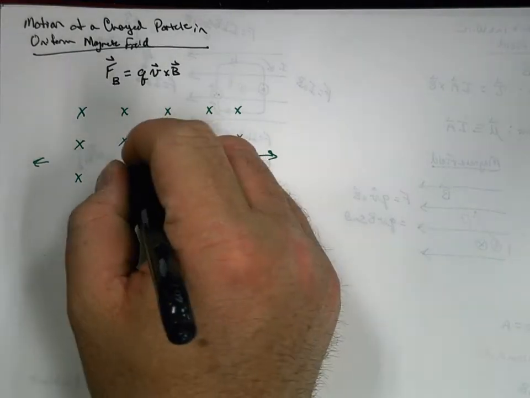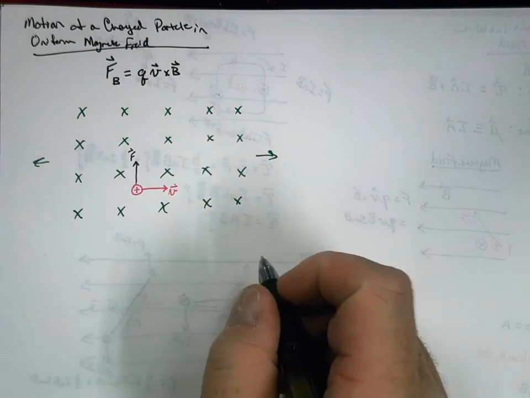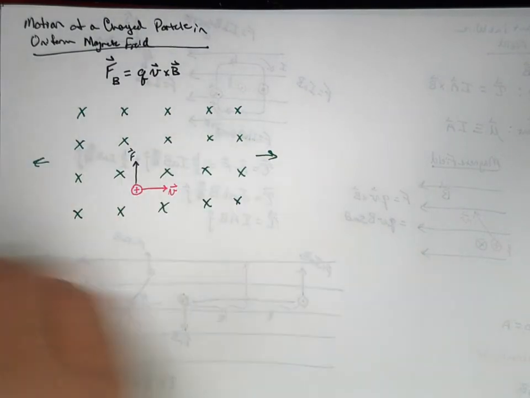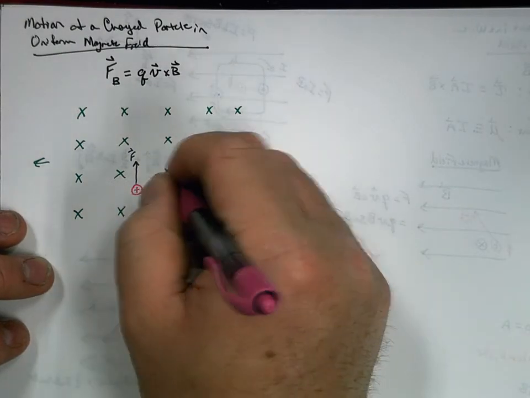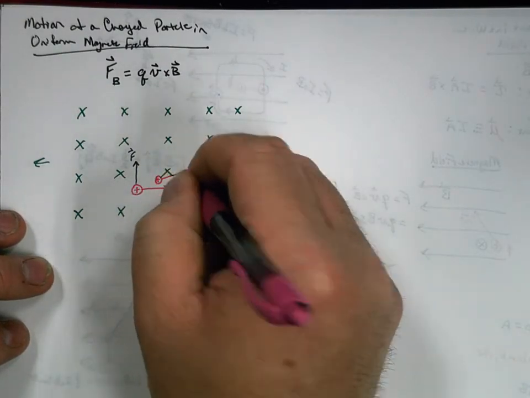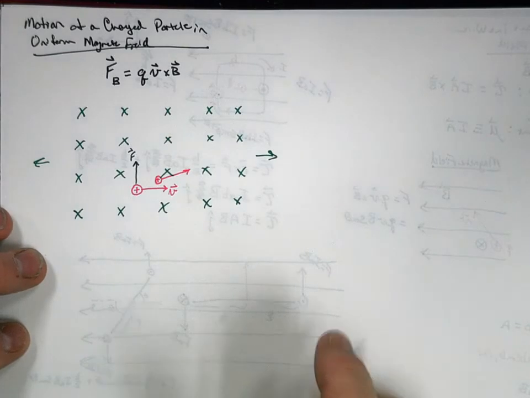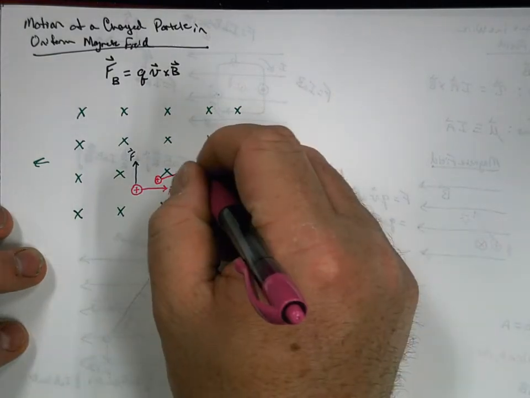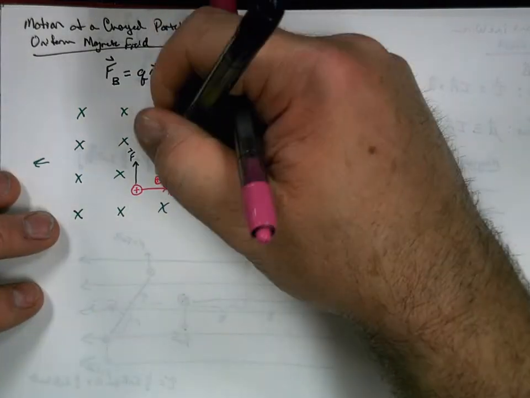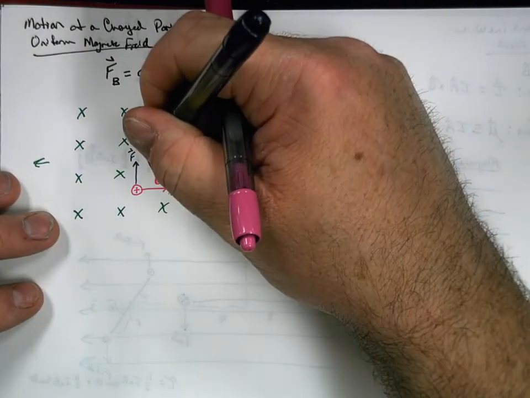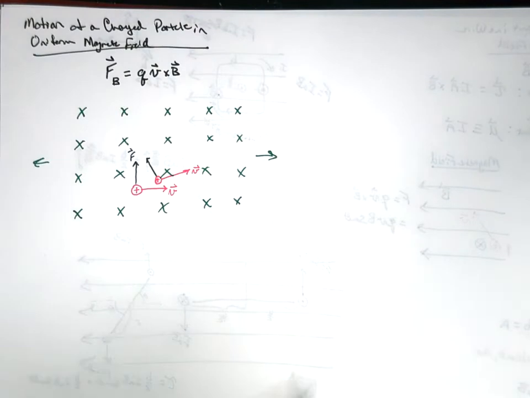Our force is going to be in this direction, which means that as it moves, it's going to have a new velocity in a moment that's going to be in that direction. And so the force on that is going to be here.